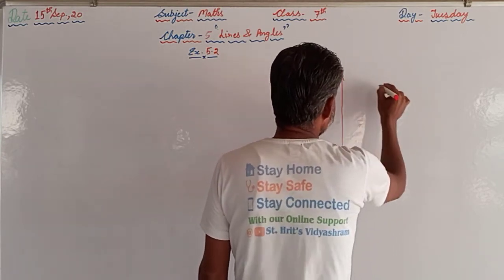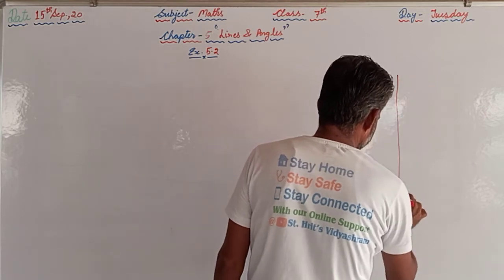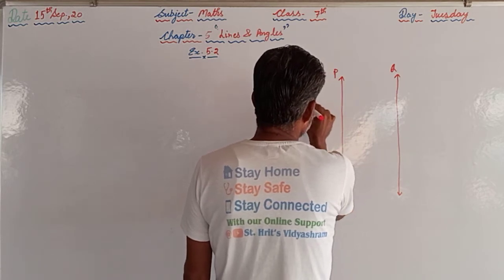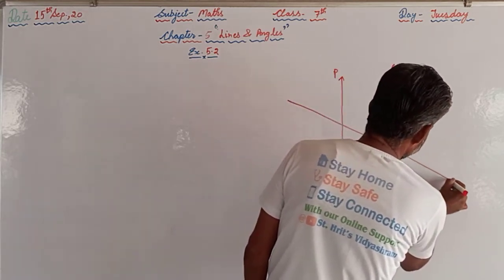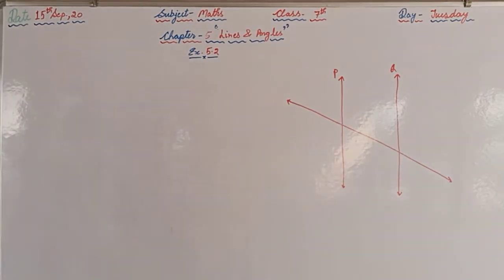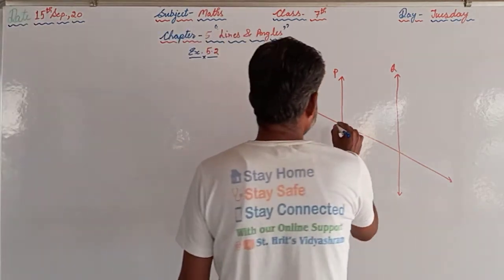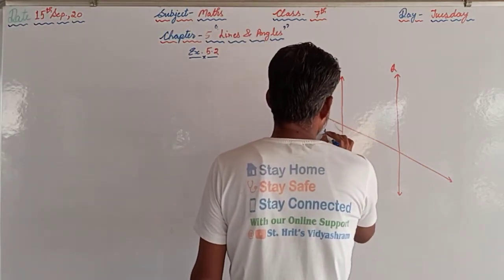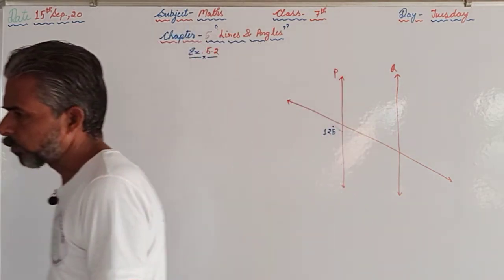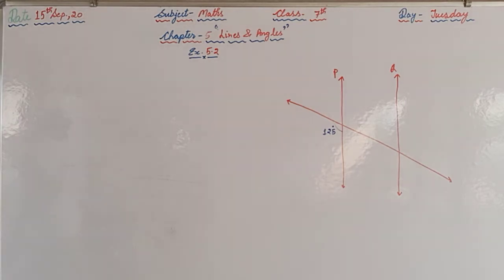This is P and this is Q, and the transversal is given, and this angle is given as 125, and afterwards we are supposed to find the unknown angles.